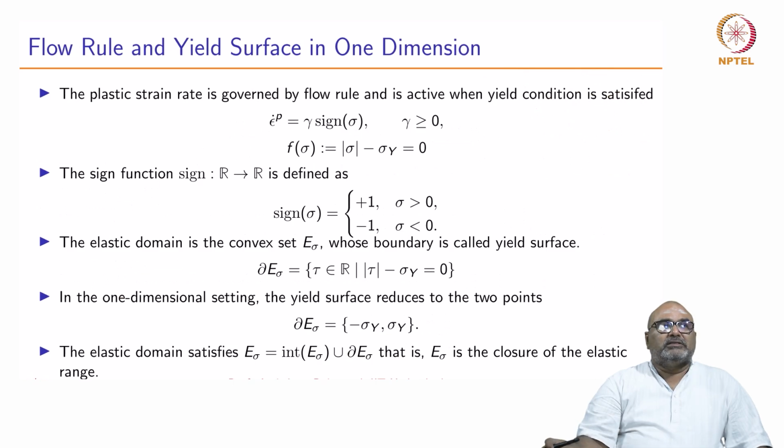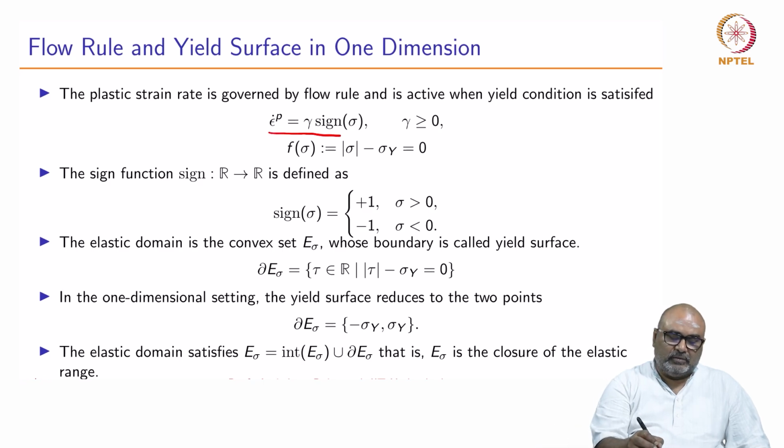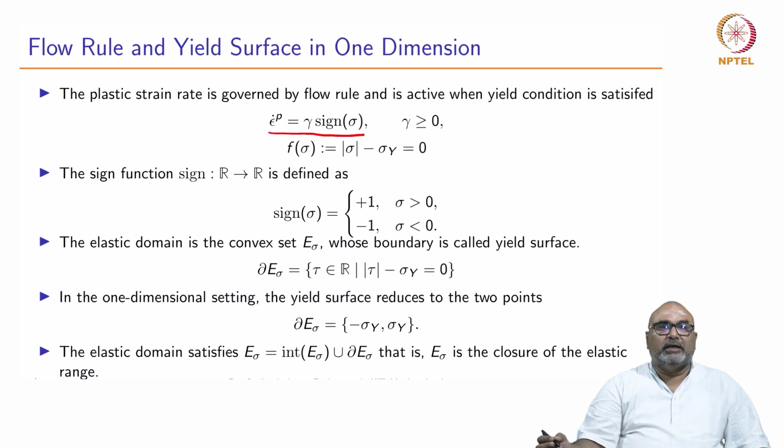Now, the plastic strain rate is governed by a flow rule and is active when the yield condition is satisfied. So, we write epsilon dot p is equal to gamma sign of sigma, where gamma is greater than or equal to 0 and is the slip rate, and sign of sigma is denoted as either plus 1 when sigma is greater than 0 and minus 1 when sigma is less than 0.